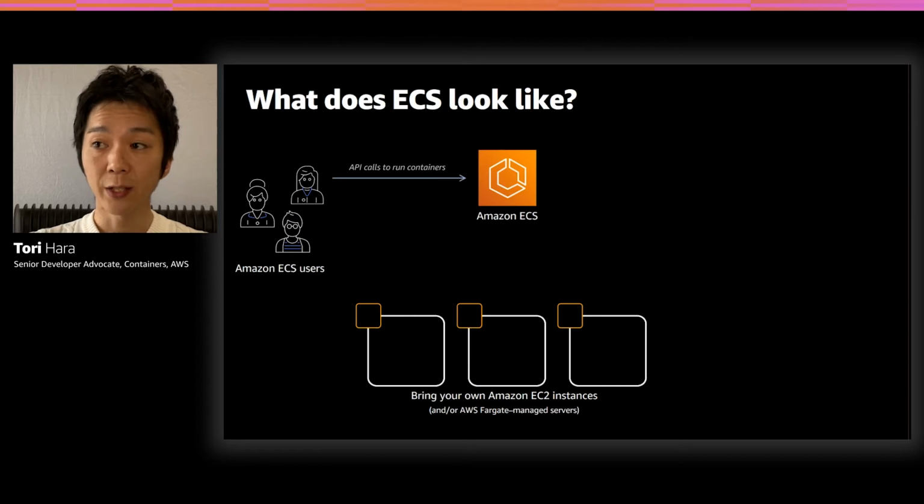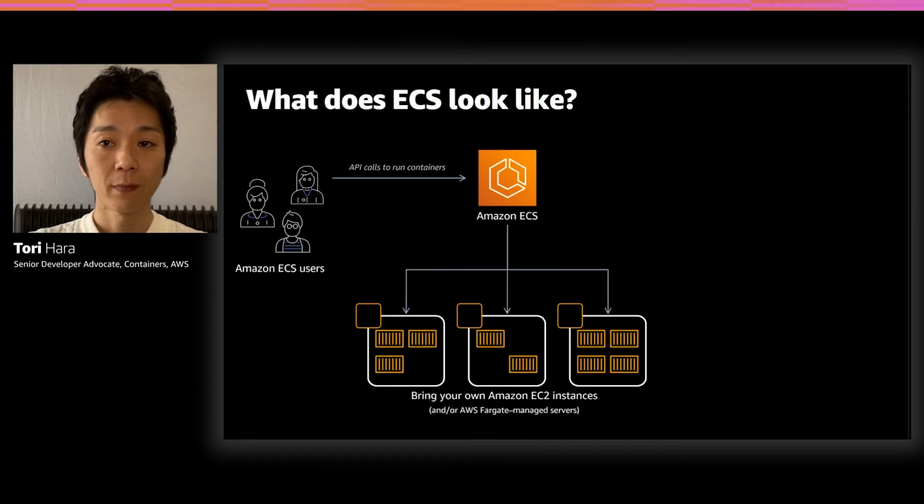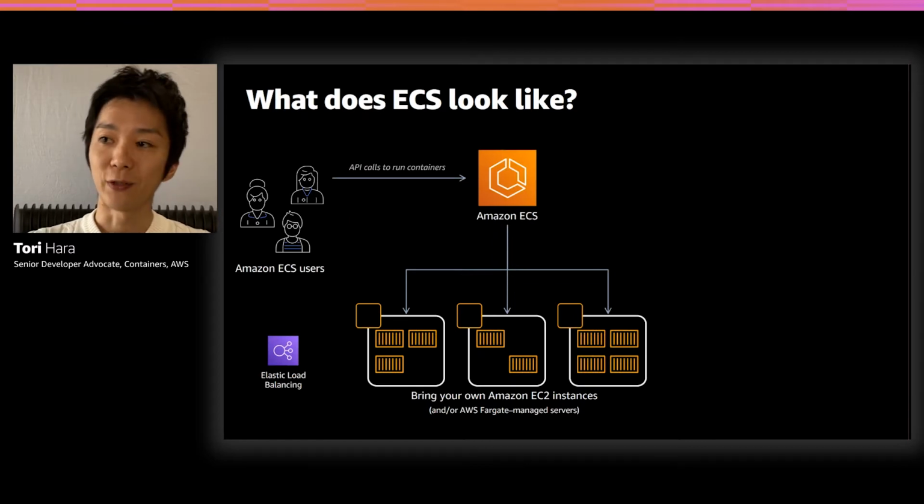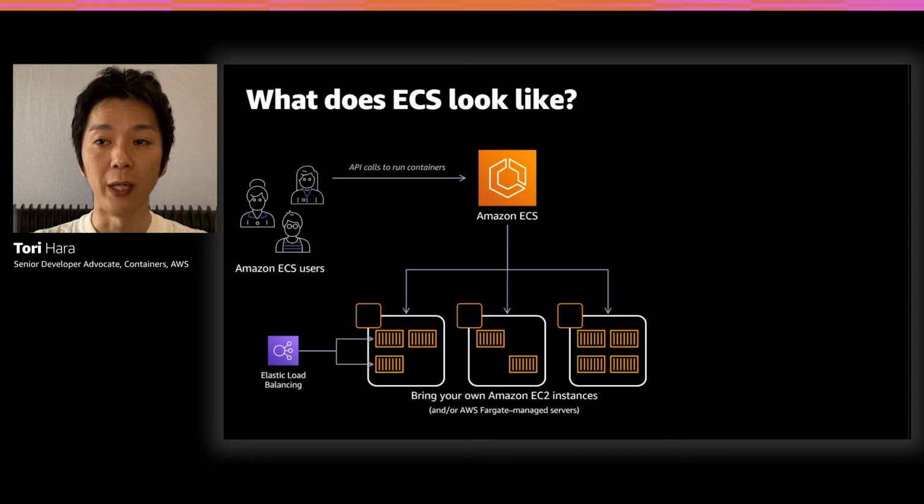Then ECS runs your containers for you in the servers like this. Sometimes you may want to use ELBs to route traffic from the internet to your containers. Yes, you can do this. ECS also takes care of registering your containers to the load balancer as its routing target. It's like magic, right?